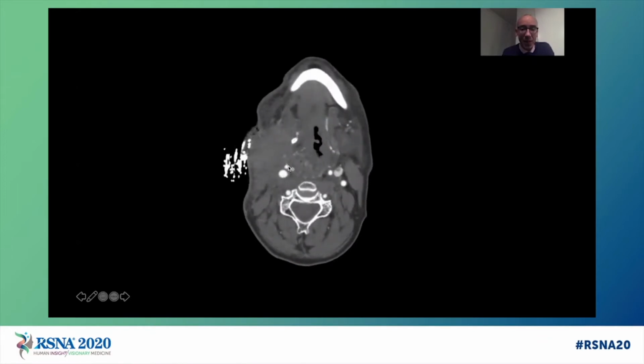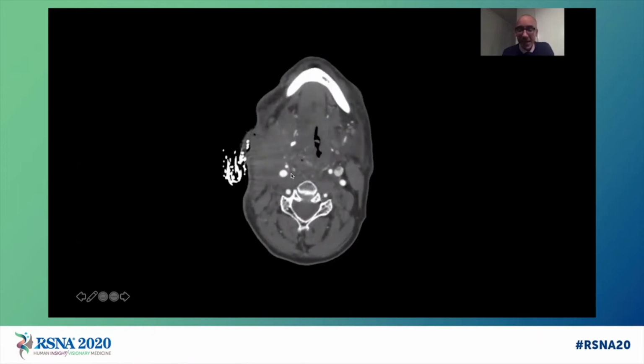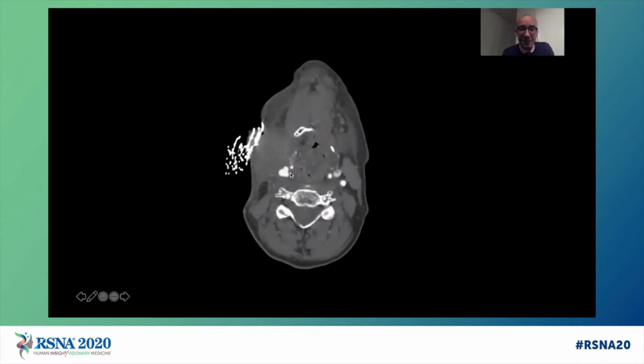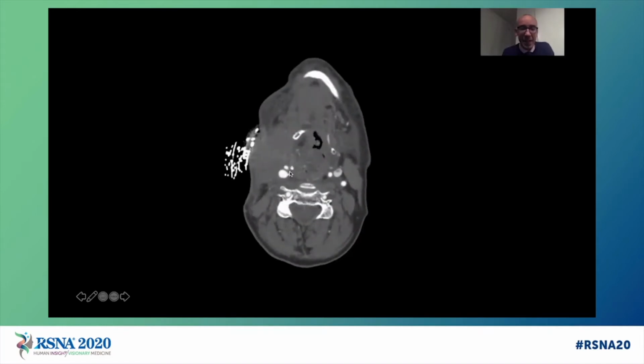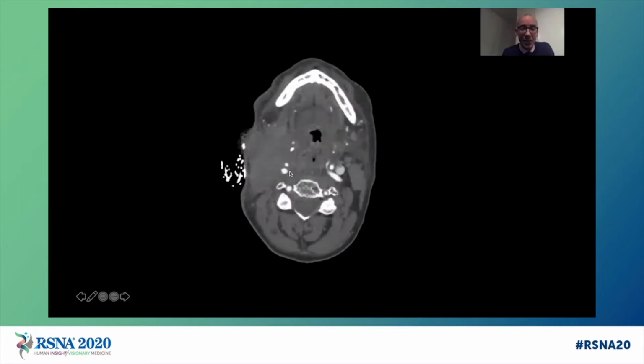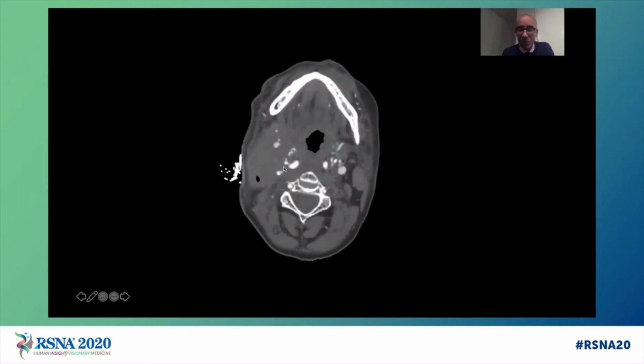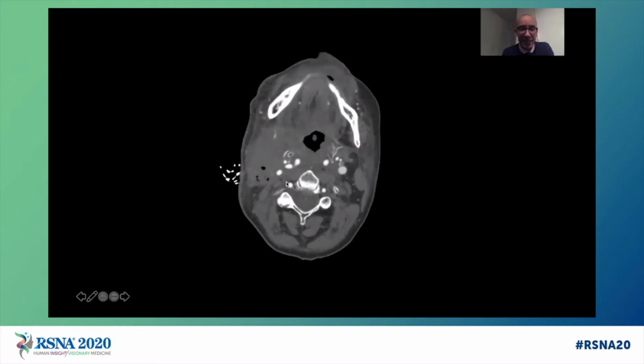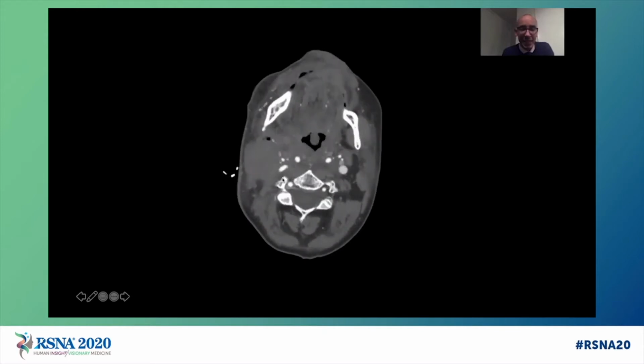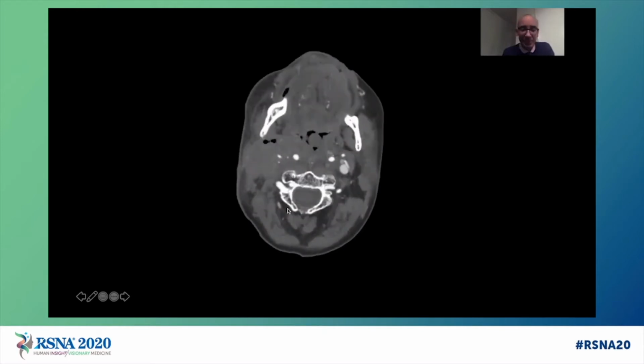Here's the external carotid artery. Here is the mass. Oops, wrong way. And then we're going to get into this round contrast collection with a little tubular extension that makes it clear that we're dealing with a vascular structure. We can't quite trace it back to the adjacent facial artery here.